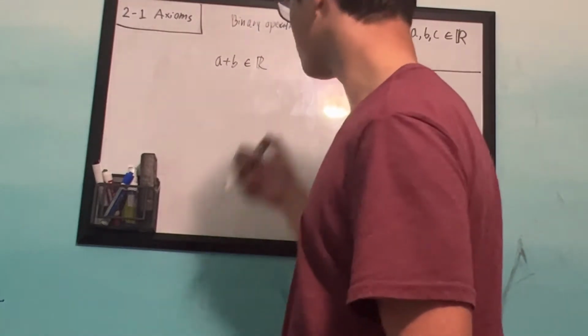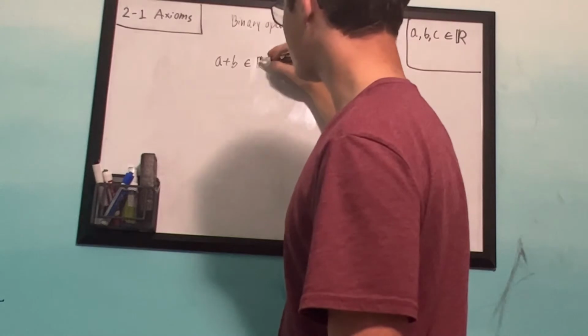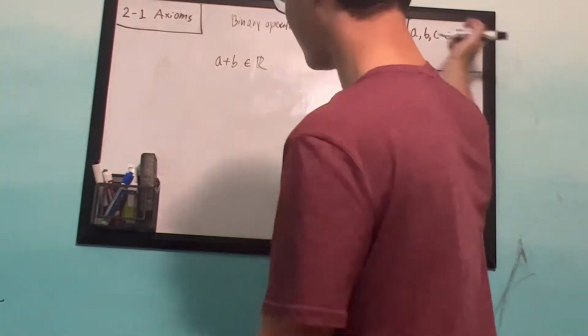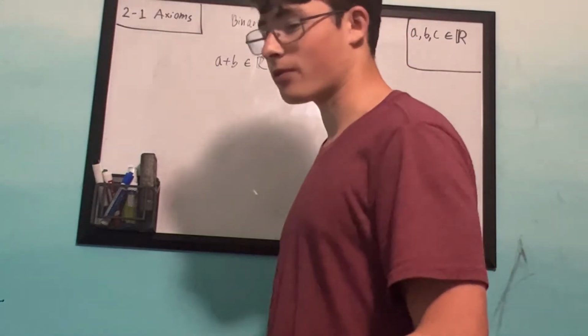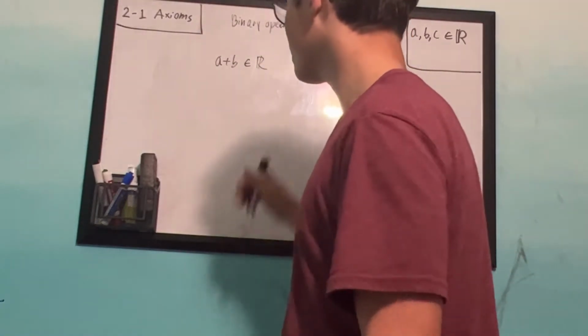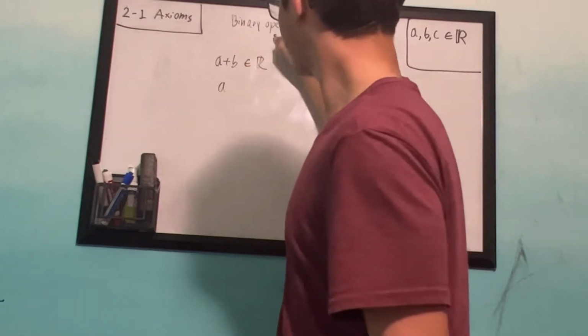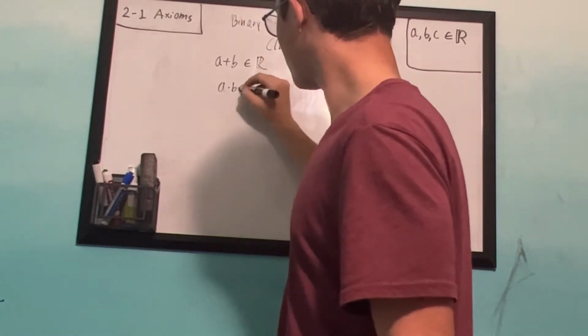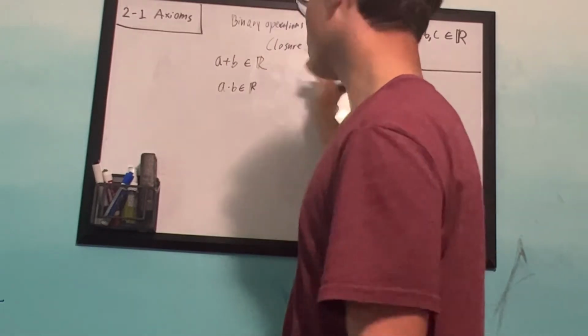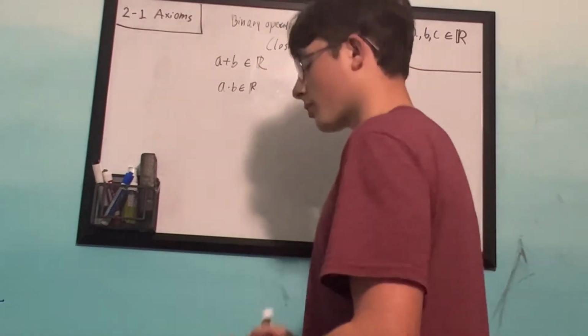And if this is true for the set of numbers, instead of working with reals, you're working with the integers or rationals or whatever, then it's closed under addition. And then closure under multiplication is A times B would be in the reals, or whatever set of numbers you're working with.